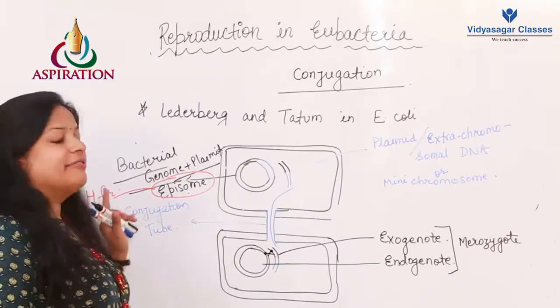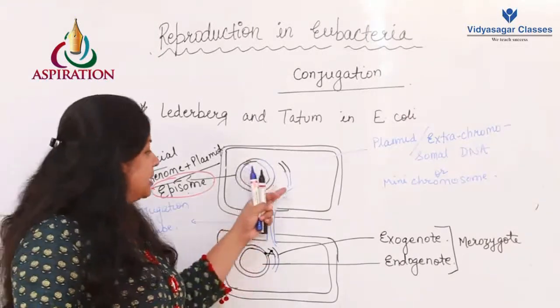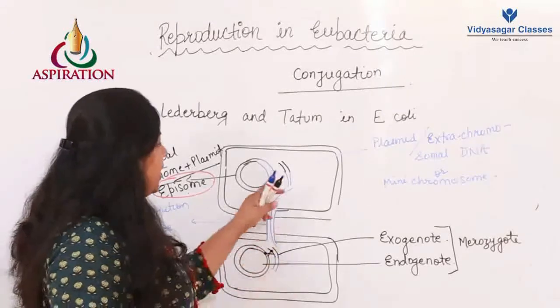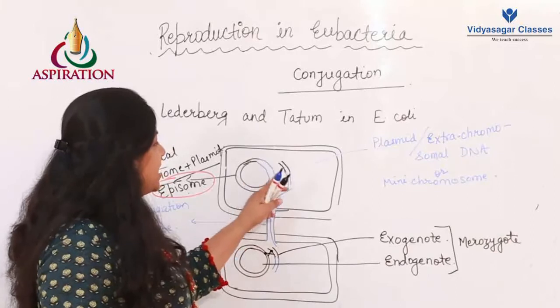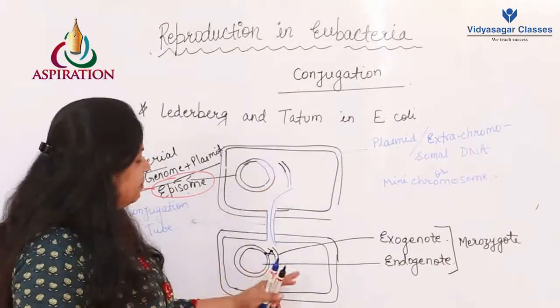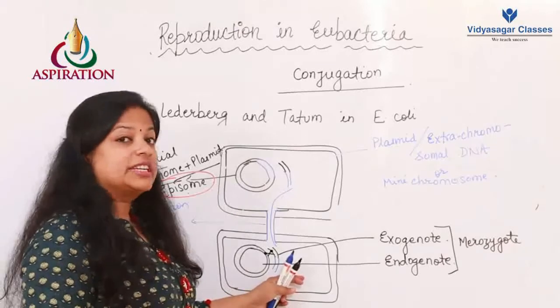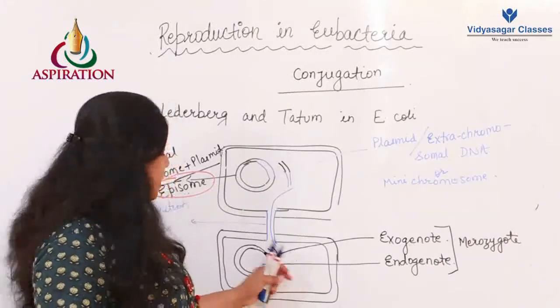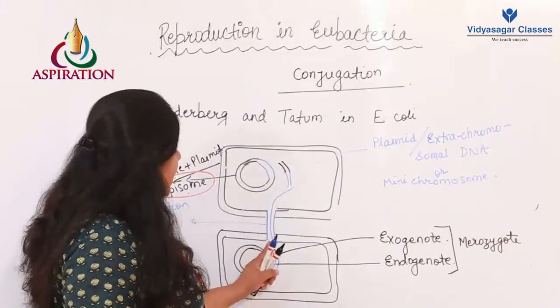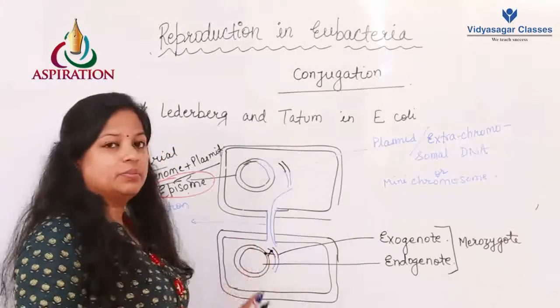When this HFR bacteria comes in contact with the recipient bacteria, it transfers a segment of the bacterial genome to the recipient bacteria, which contains the allele present in this bacterial genome, and that's why here crossing over is possible.